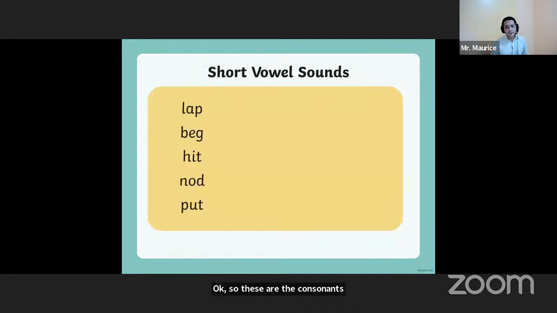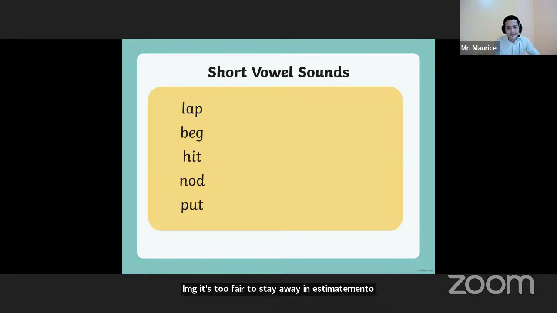Ok, short vowel sounds. Aquí tenemos una de las primeras reglas. Presten atención por favor. Como les dije hace un momento, vamos a enfocarnos en cómo añadir el sufijo ing. Estos verbos que usted ve en este momento están en su forma base.